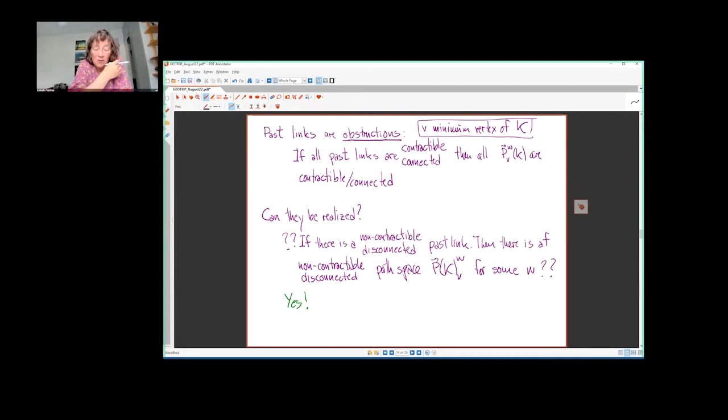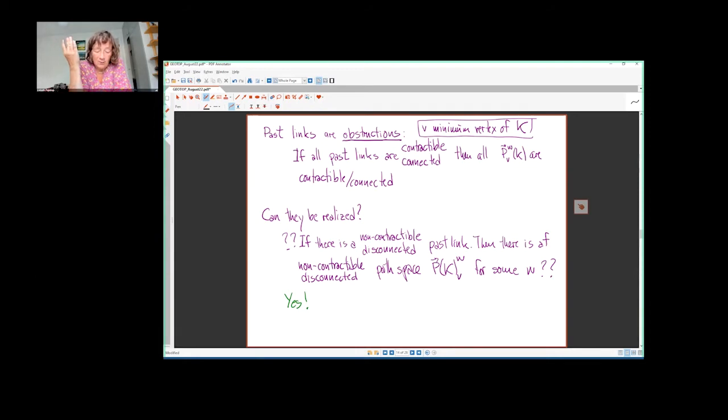But if we want to go from path spaces in the original space to path spaces in the collapse space, then we have to go from path spaces to past links, then to past links in the collapse space, and then to path spaces there.